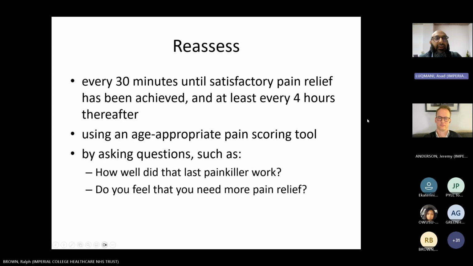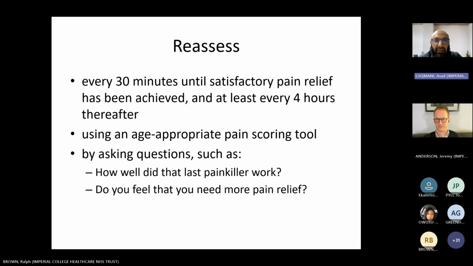And then the other very important aspect of the NICE guidance is the importance of continuing to reassess patients, not just treating them with analgesia and then thinking that that's the end of what you need to do, but going back and continually reassessing how effective the analgesia has been.